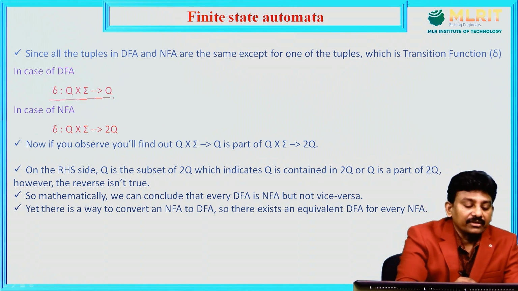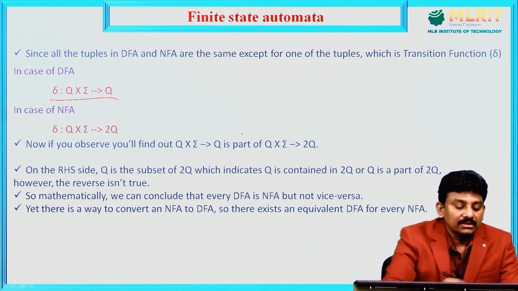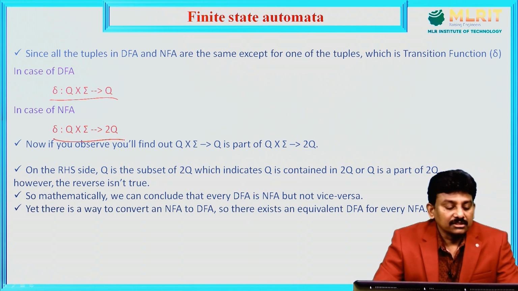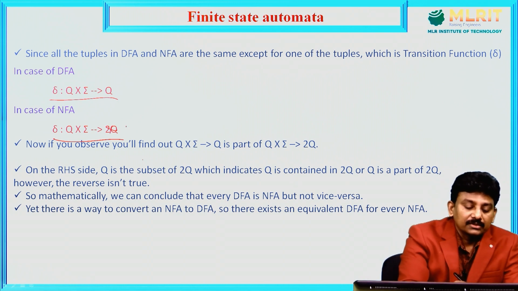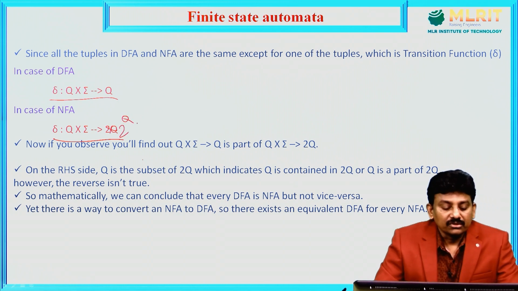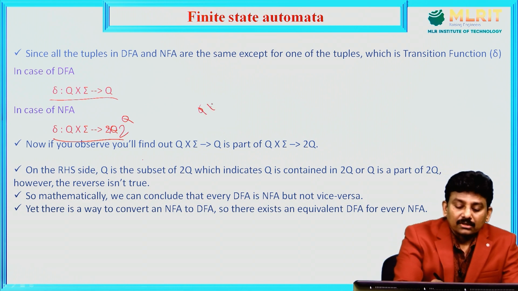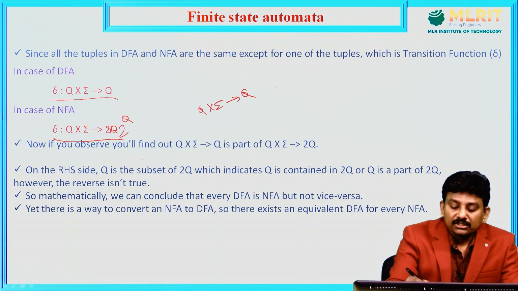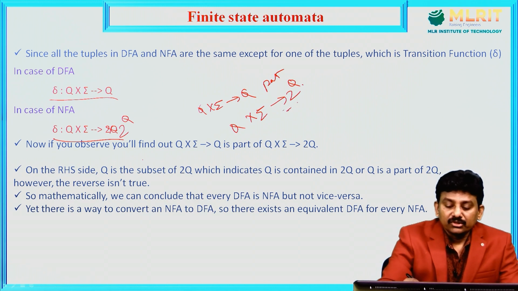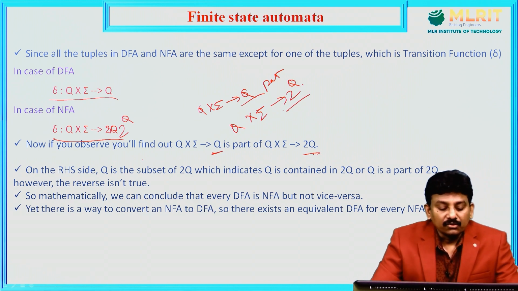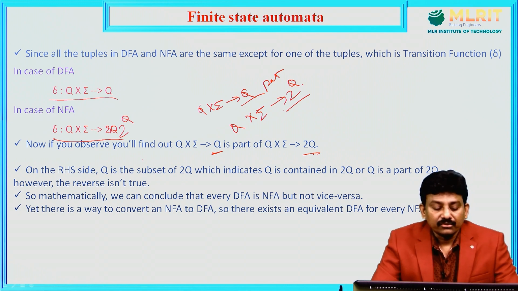In a DFA, the transition function is Q cross sigma to Q. In an NFA, the transition function is Q cross sigma to 2 power Q. If you observe, Q cross sigma to Q is part of Q cross sigma to 2 power Q. On the right-hand side, Q is a subset of 2 power Q, which indicates Q is contained in 2 power Q, and the reverse is not true. So mathematically we can conclude that every DFA is an NFA but not vice versa.